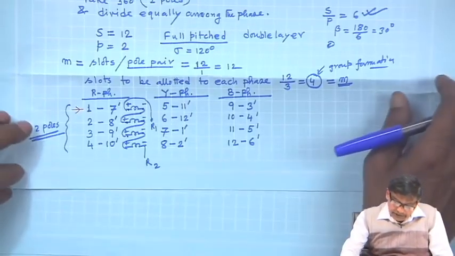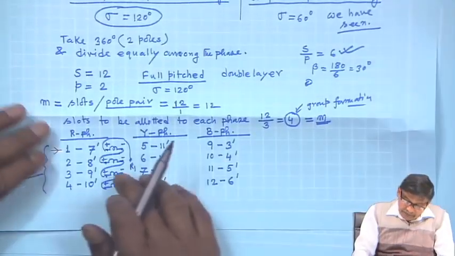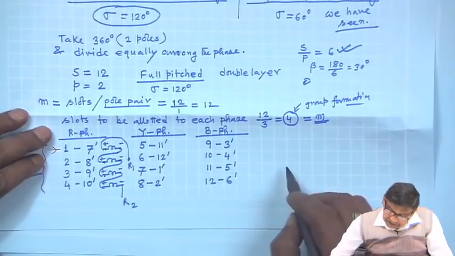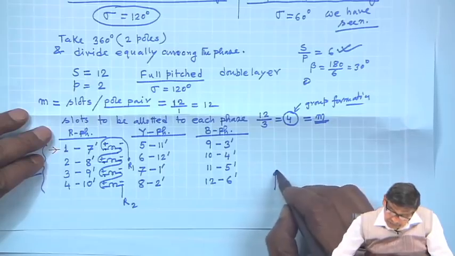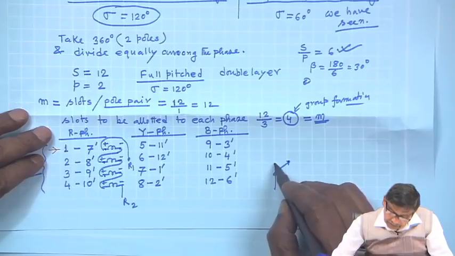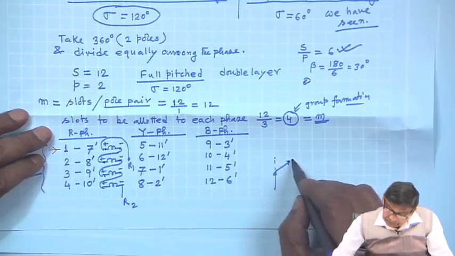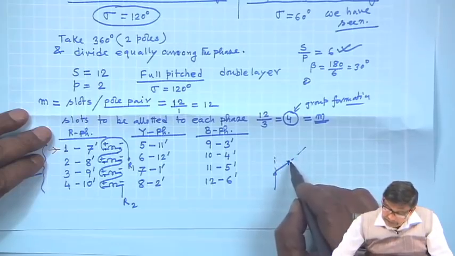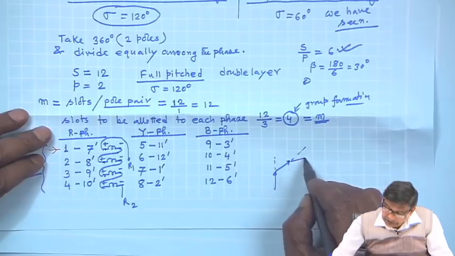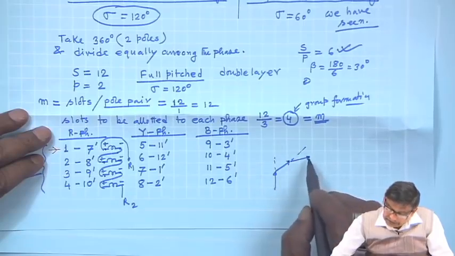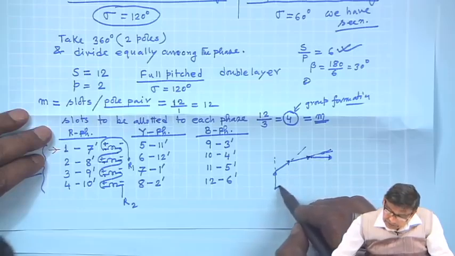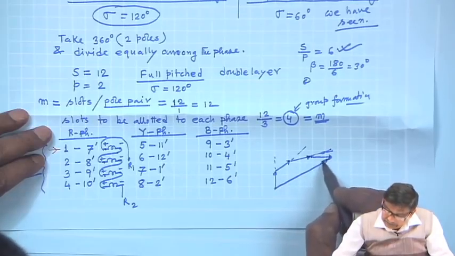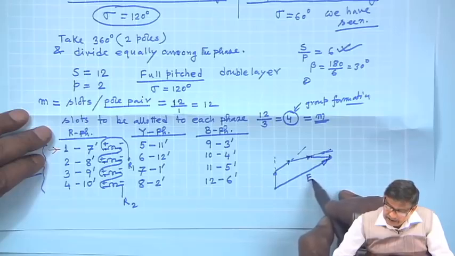So, in 60° phase spread winding, per phase voltage will be like this. If this is the first coil voltage, second voltage will be lagging it by beta, then this voltage will be lagging it by beta, and the fourth coil voltage will be lagging by same angle beta, and this will be the resultant voltage, say E R 1 R 2.